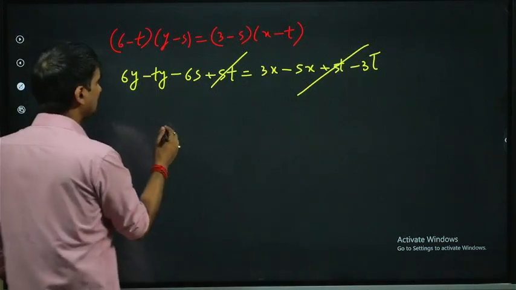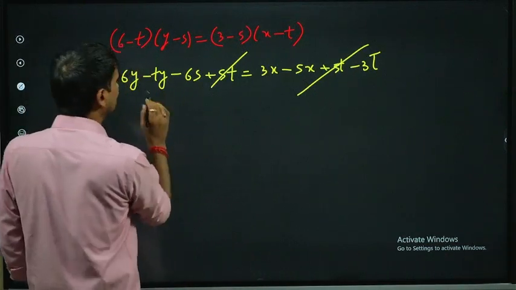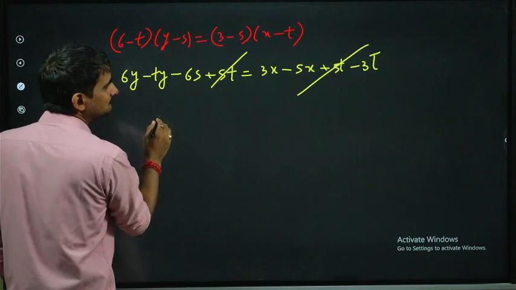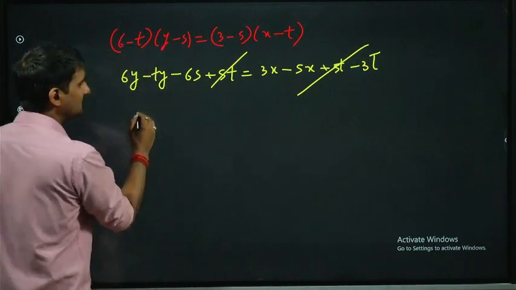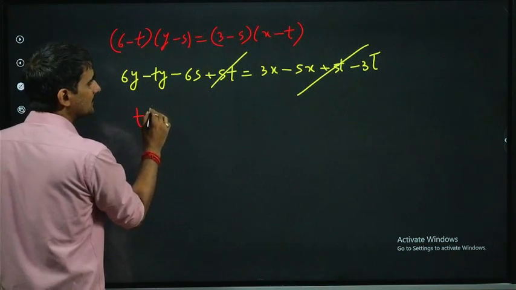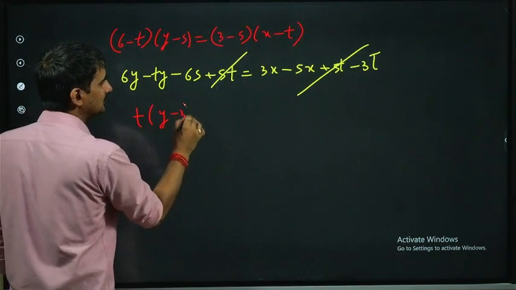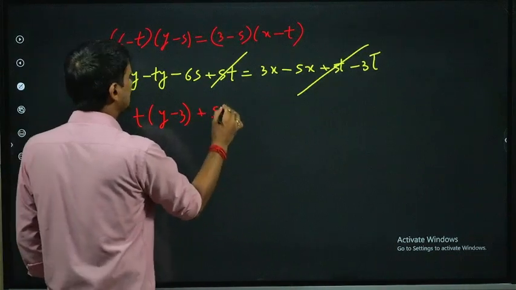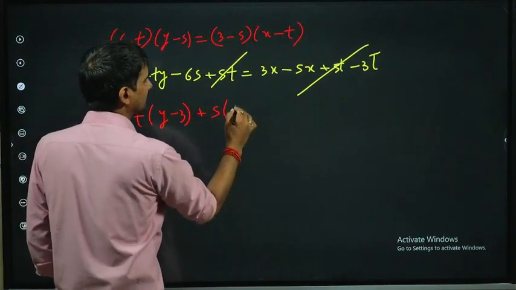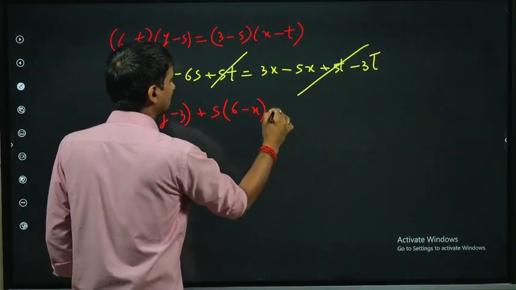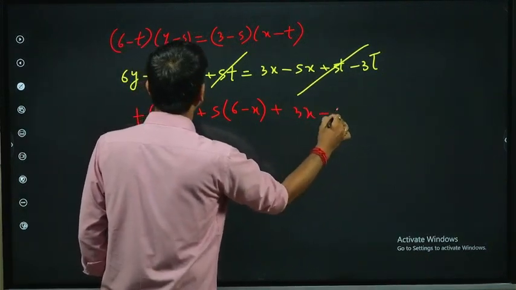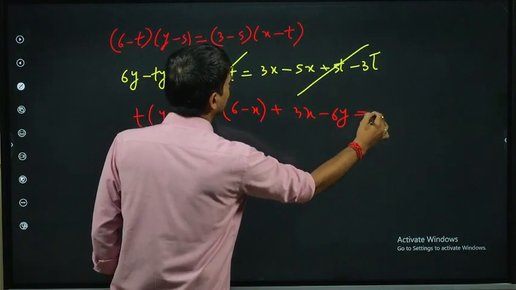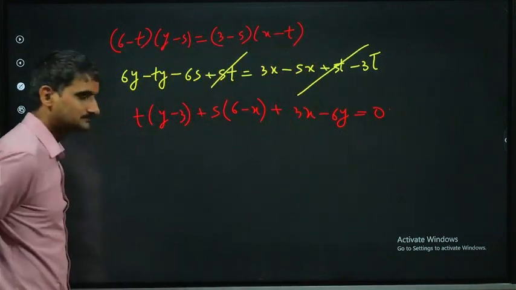So t times (y minus 3) plus s times (6 minus x) plus 3x minus 6y equal to 0.